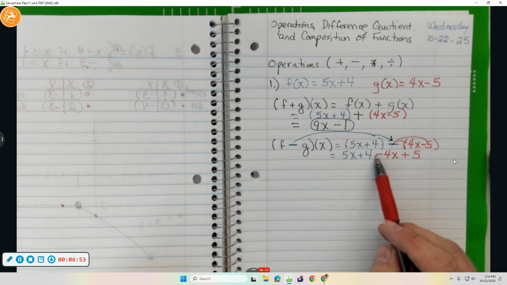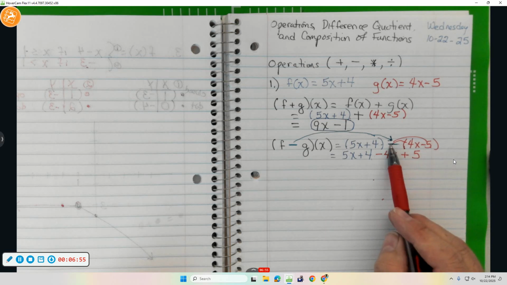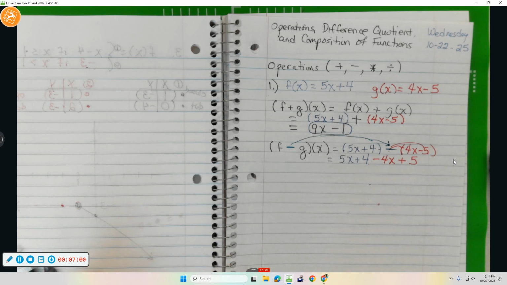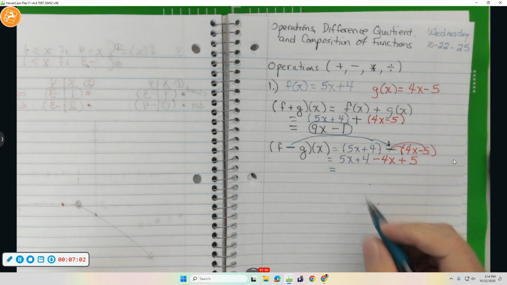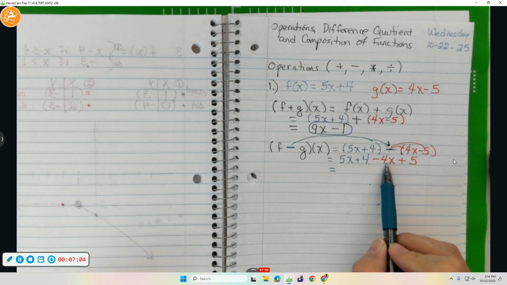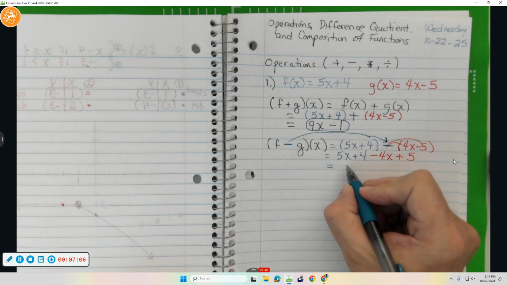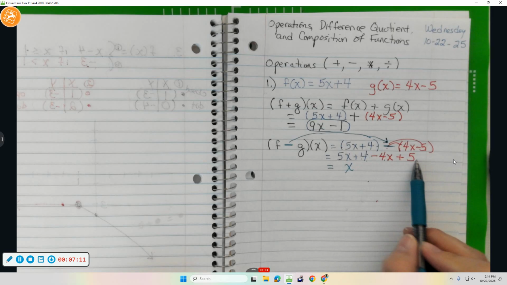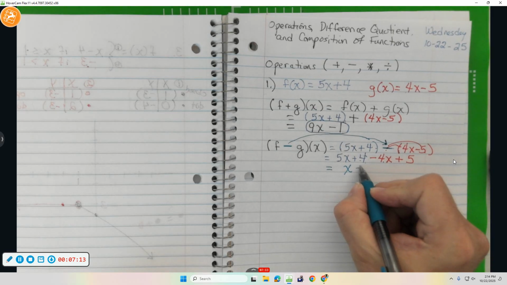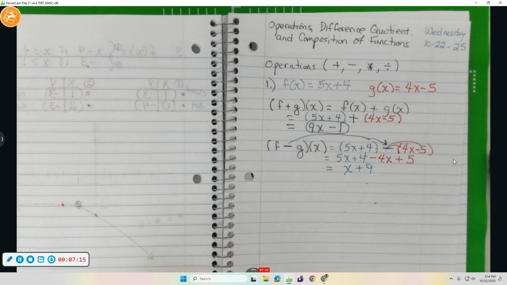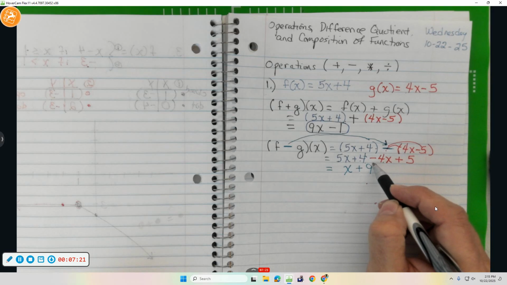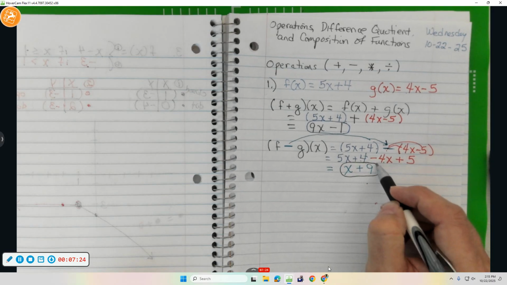So we have a minus 4x, and then a minus minus 5 is going to be plus 5. Now combine the like terms. 5x minus 4x is just 1x. 4 plus 5, x plus 9. Is that what y'all get? So to subtract functions, just distribute the minus and combine like terms.